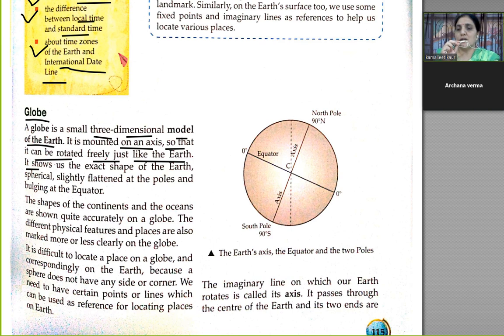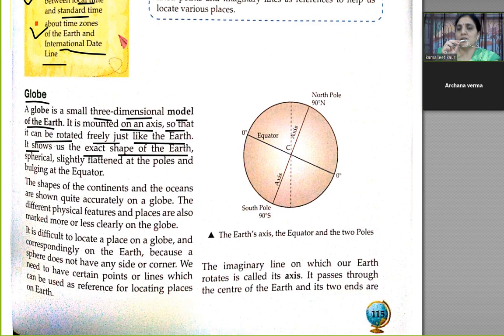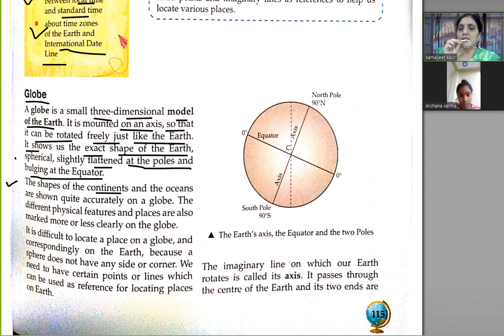It shows us the exact shape of the earth: spherical, slightly flattened at the poles and bulging at the equator. The shapes of the continents and the oceans are shown quite accurately on a globe.